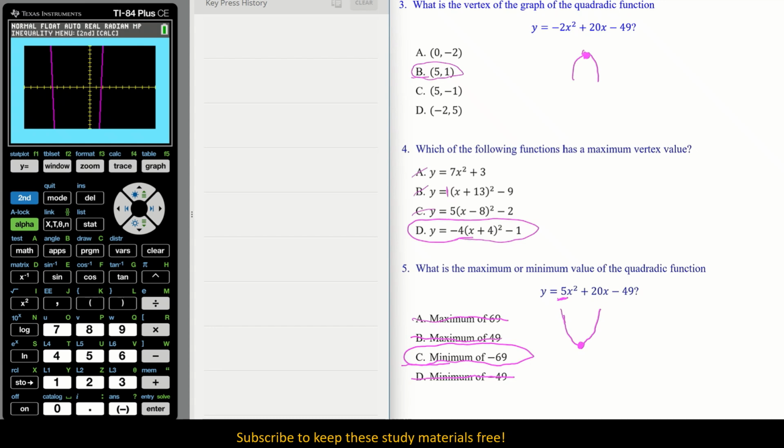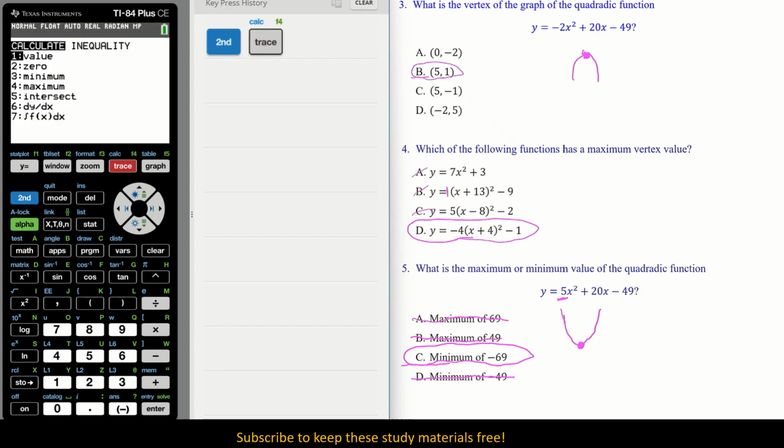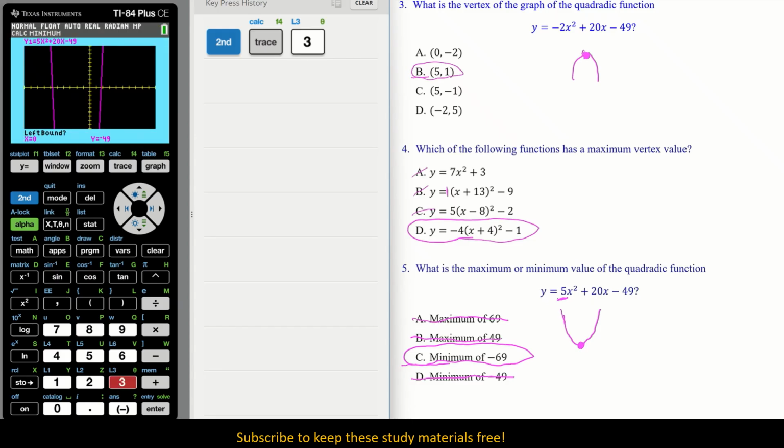All right. So let's say second, calculate, and we want to calculate minimum. And that is number 3. And it says left bound. What do you want your left bound to be? Well, we're going to go generous with -7 and push enter. Now it says, what do you want your right bound to be? Well, we need it to be over here, kind of generous.